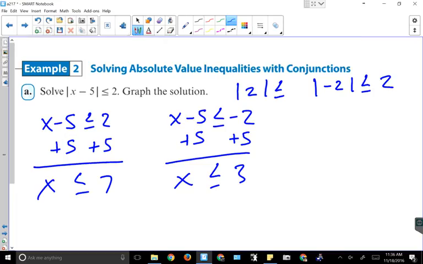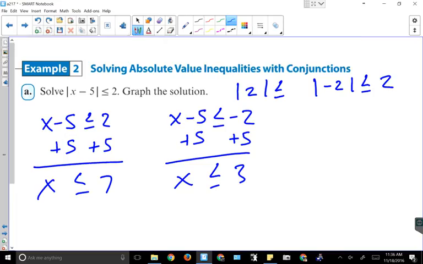Because it says the values have to be, x should be less than 7. So if I put 7 in there, will it work? What's 7 minus 5? 2. Is the absolute value of 2 less than or equal to 2? Yep.